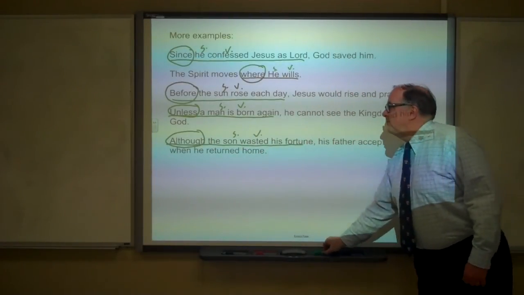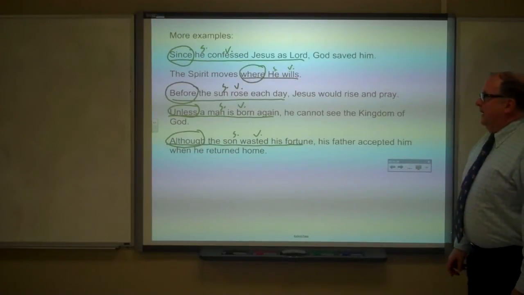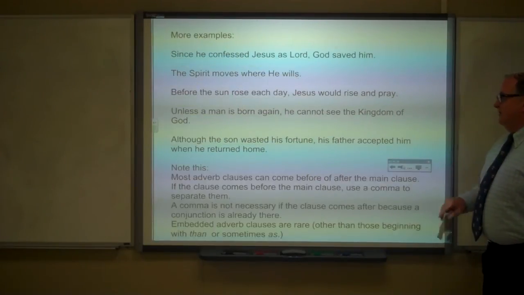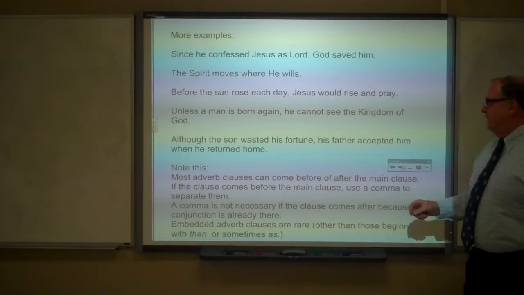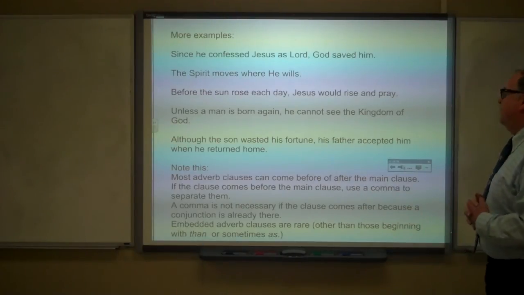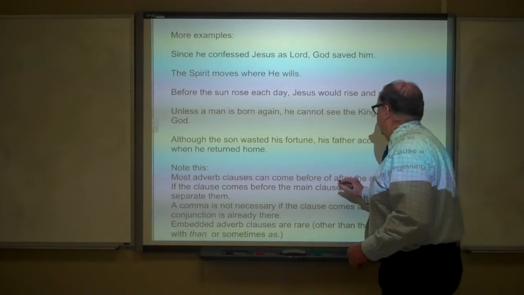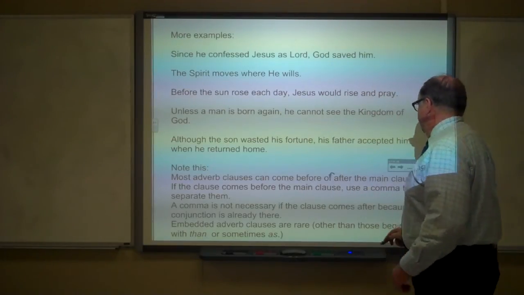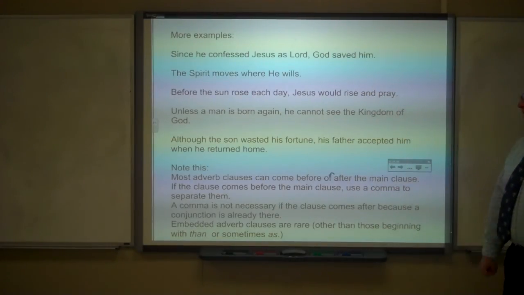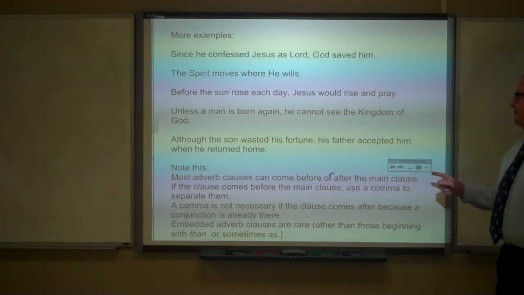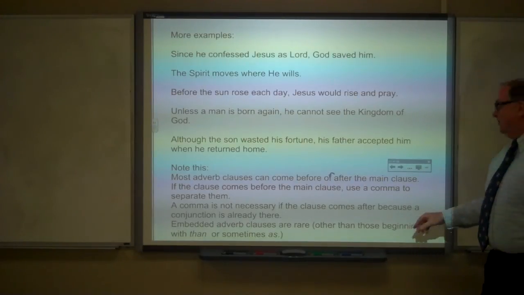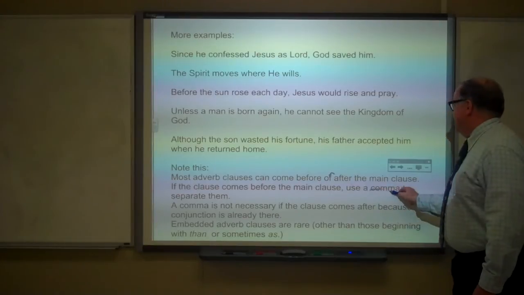Okay, all examples of adverb clauses. Notice with these, most adverb clauses can come before or after the main clause. If the clause comes before the main clause, use a comma to separate them.